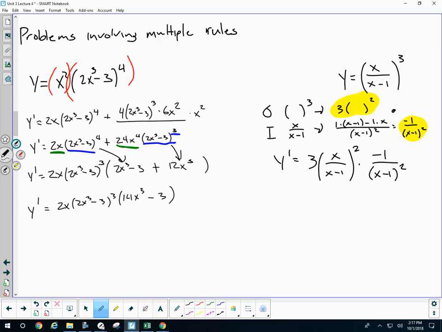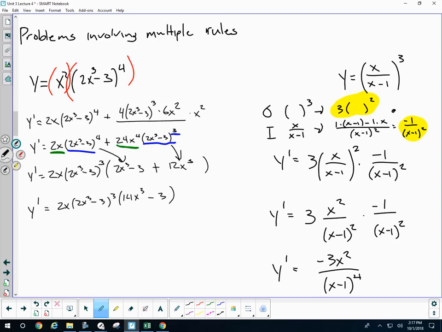Okay, now, I don't see that as an answer. I need to simplify. What can be done to simplify? This could be written as x squared over x minus 1 squared. We could square the top and the bottom. What can be done now? Negative 3x squared over x minus 1 to the fourth.